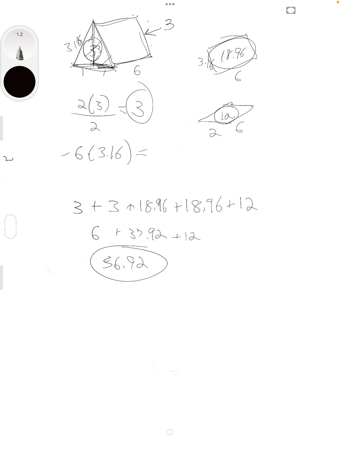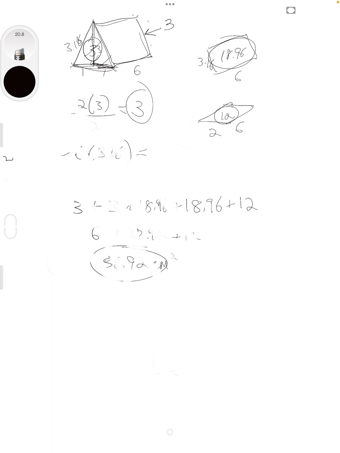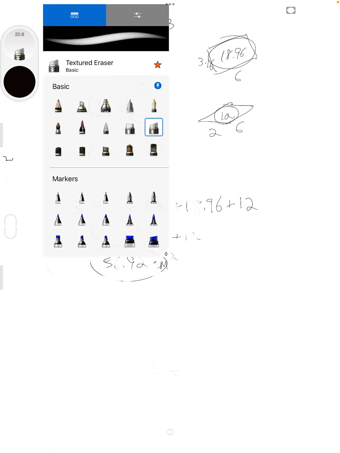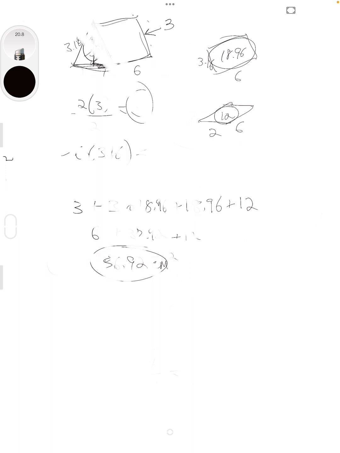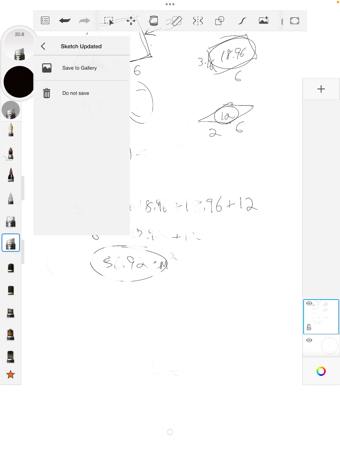So, it says in centimeters. So this is going to be square centimeters. And that is problem number 14. Let me clear this. There we go. All right.